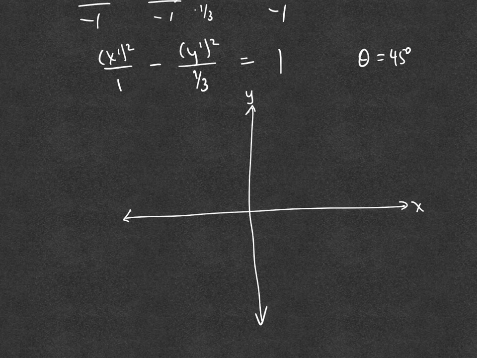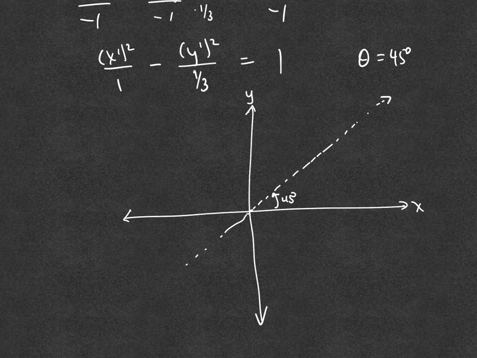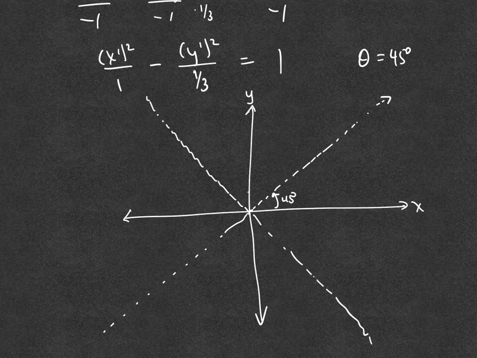And since it's positive, that means we're going to rotate the x-axis 45 degrees in a counterclockwise direction, and the y-axis in a positive 45 degree direction, which again, counterclockwise. Okay, so this then becomes the x primed axis, and this becomes the y primed axis.